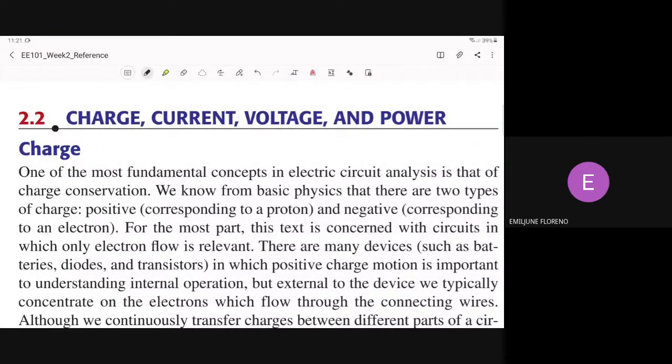Who wants to share? I think the voltage. Is that Hanaya speaking? Okay, sir. Hanaya is male. Hanaya, what is your point of view on that question?